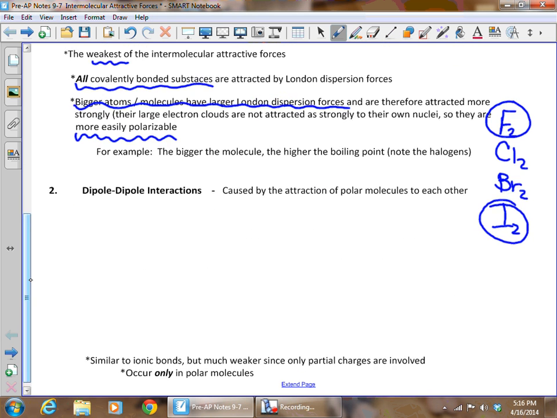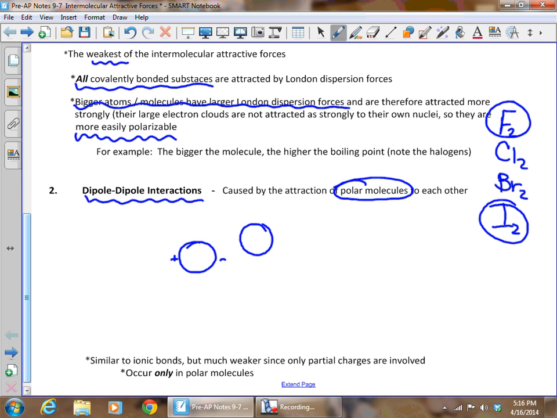Dipole-dipole interactions are caused by the attraction of polar molecules to each other. Dipole-dipole is for polar molecules, once again. So let's say that you have this molecule that has a positive and negative end.